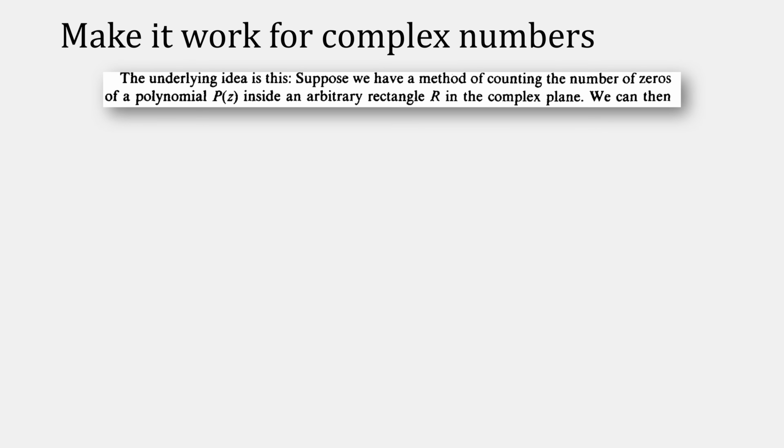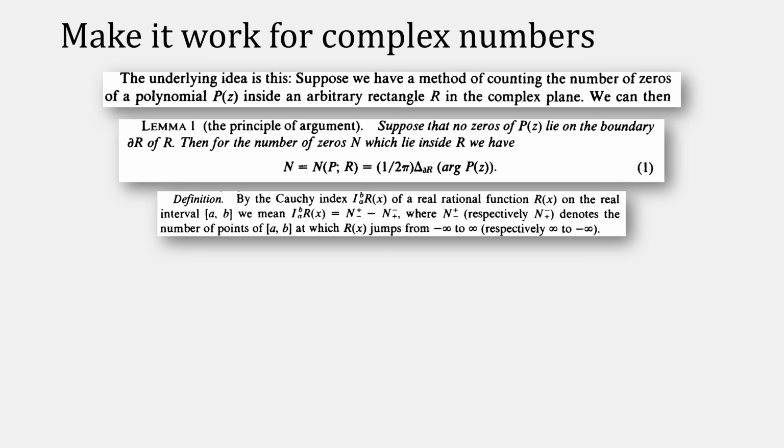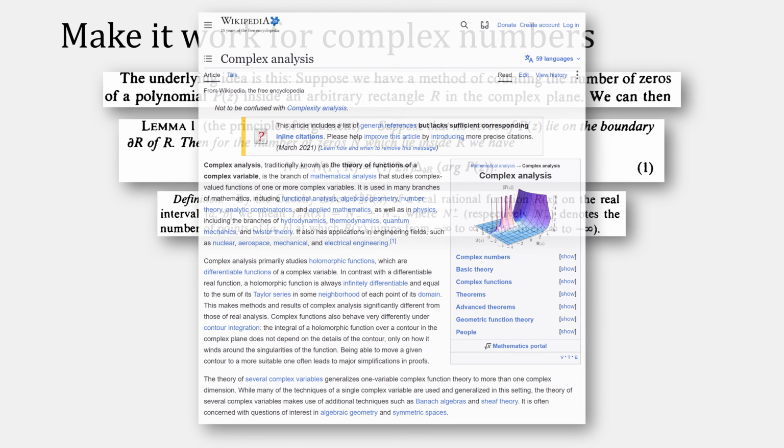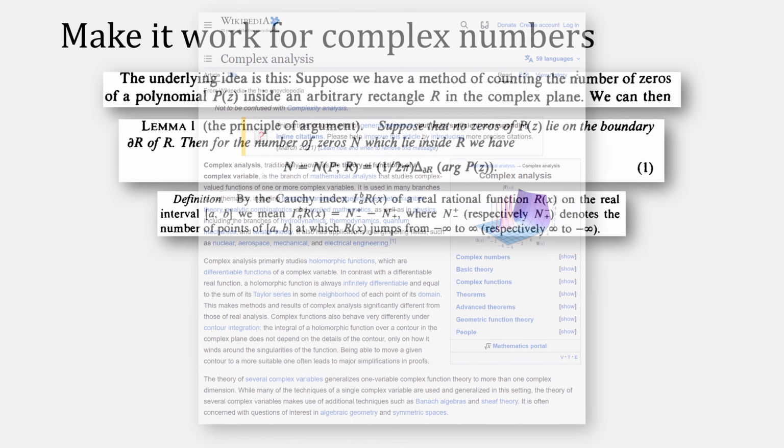Here's how Wilf did it. First, he used a rectangle in the complex plane, and this equation to tell us the number of roots inside that rectangle. It involves pi and arguments, it's a little tricky. Then, by using the Cauchy index, actually a lot of this is from complex analysis, and we're not going to need it.